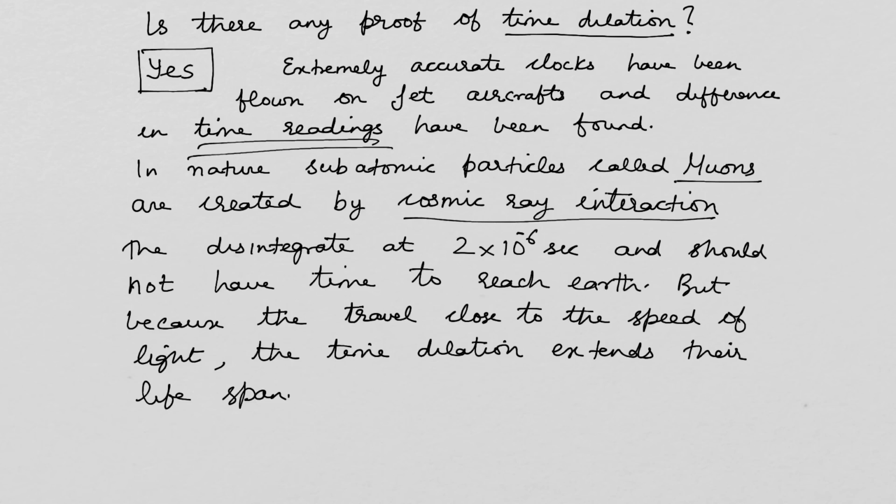Usually they disintegrate in 2 into 10 to the power of minus 6 seconds. So since they disintegrate, their half-life is less, they should not have time to reach Earth. But because they travel close to the speed of light and time dilation occurs, this actually extends their lifespan.